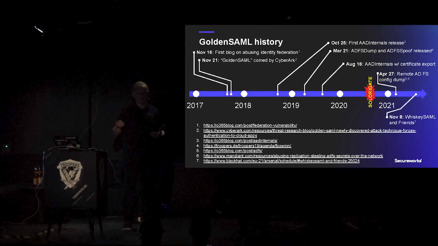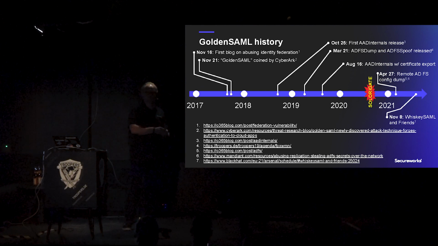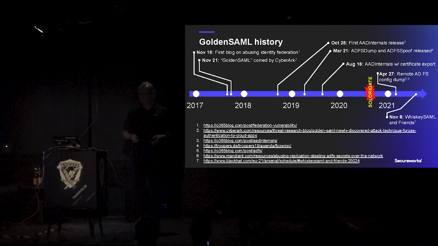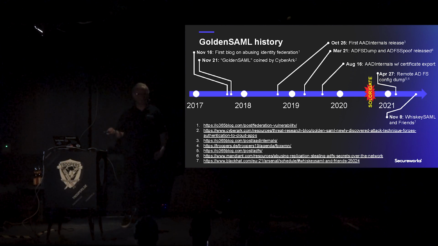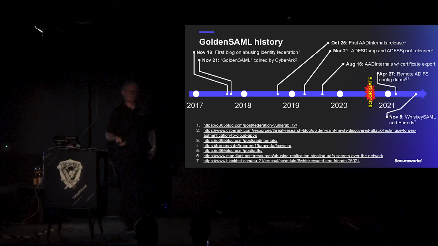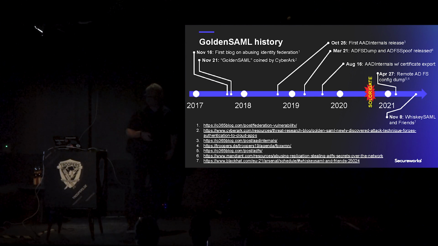And I was able to prove that you could actually log in as any user you want by just providing the correct immutable ID. And 5 days after that, CyberArk published their blog, and they actually coined the term golden SAML. So that was the start for that.